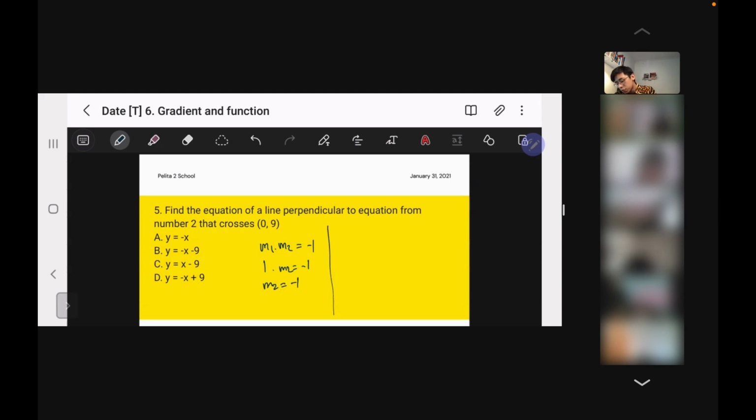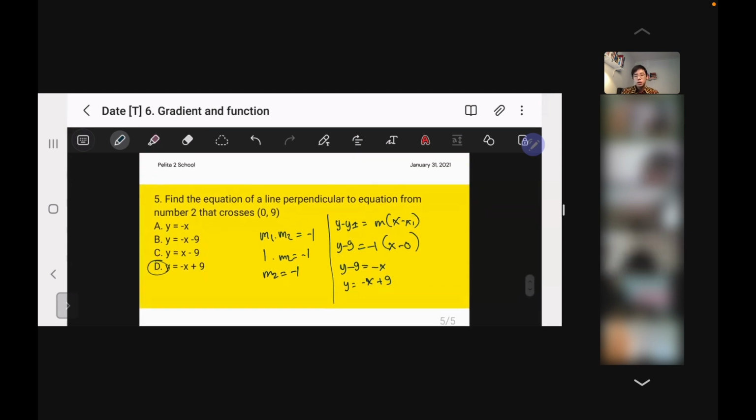Again, with the same formula, y minus y1 equal m times x minus x1. Y1 is 9, right? So y minus 9 equal minus 1 times x minus 0. So y minus 9 equal minus x. So y equal minus x plus 9. So D is the answer.